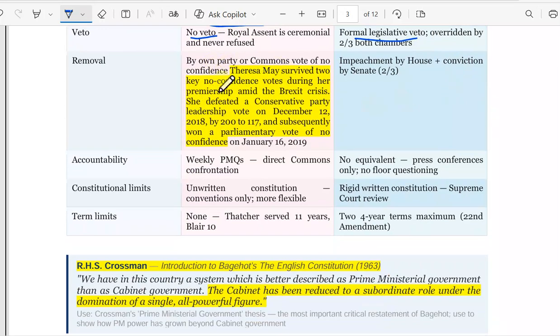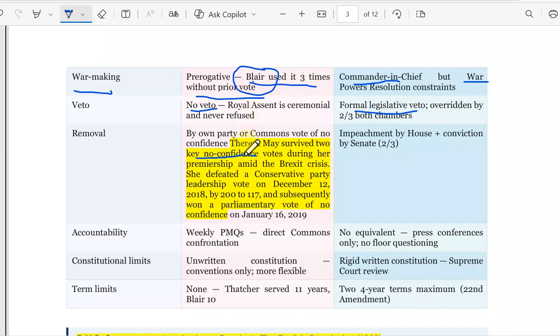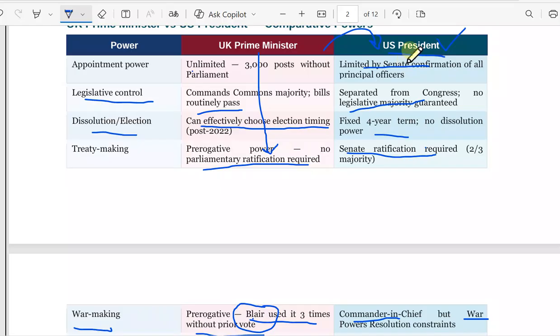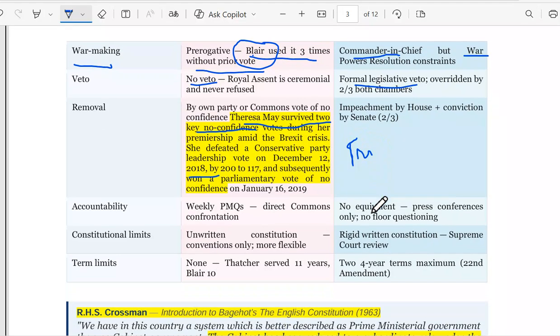Okay, so the vote of no confidence is present in the UK Prime Minister's powers. Theresa May survived 2 no-confidence votes, in 2018 and in 2019. The US President can be impeached by both houses, but so far only Trump and Bill Clinton were targeted for impeachment, and they were not removed because the Senate didn't give its consent.